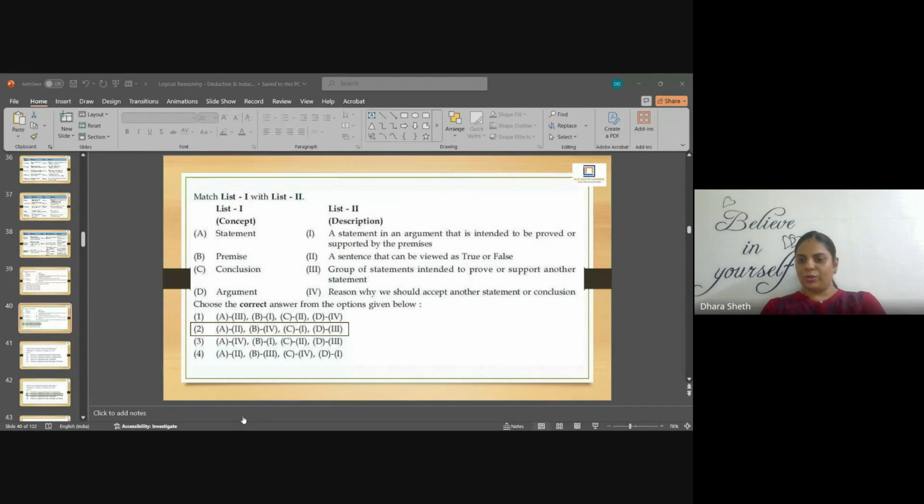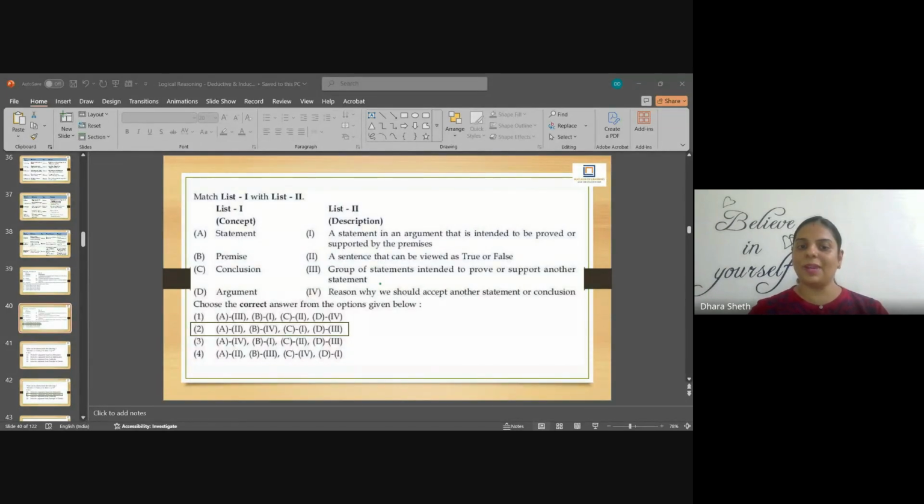The answer is 2. See, a statement is a sentence that can be viewed as true or false. Premise is the reason why we should accept another statement or conclusion. It's the starting point. It gives you the reason why you can accept the conclusion. Conclusion is a statement in the argument.